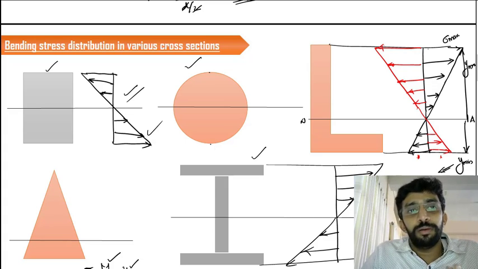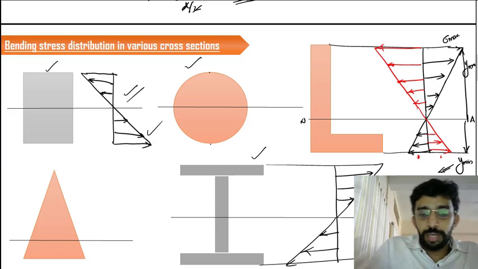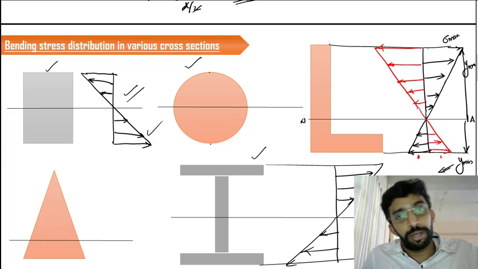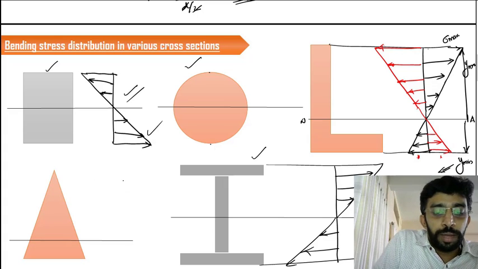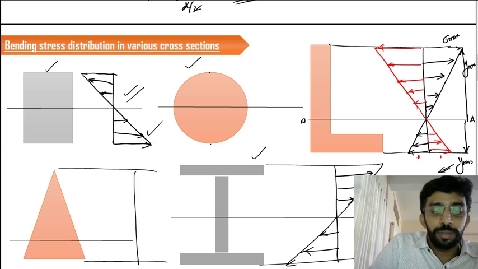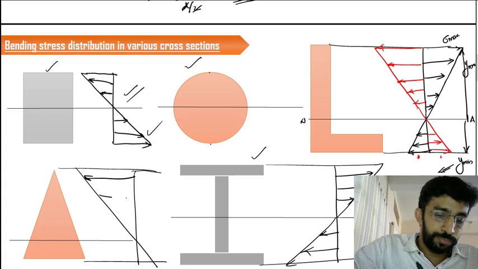The same way of distribution can be observed in the case of a triangle, where you have an unsymmetrical cross section. The same methodology is used, and you can easily plot the stress distribution for a triangular cross section, where you have a maximum value at the top and a minimum value at the bottom, something like this.